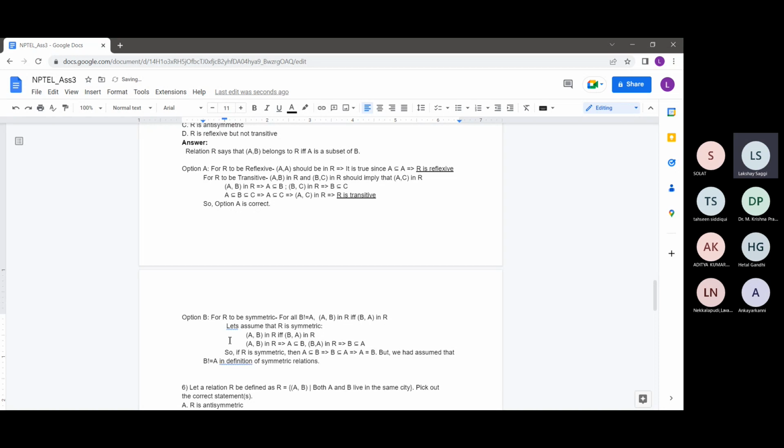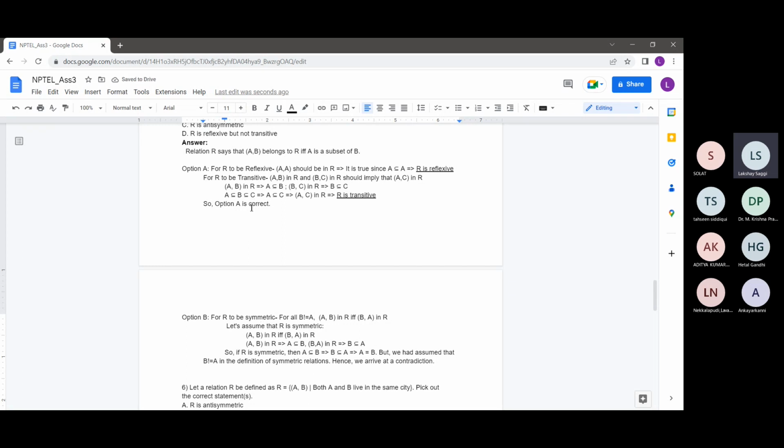So basically, we had assumed that B was not equal to A, but we have proved that if R is symmetric, then B equals A. Hence, we arrive at a contradiction. I hope you guys can see what the contradiction is.